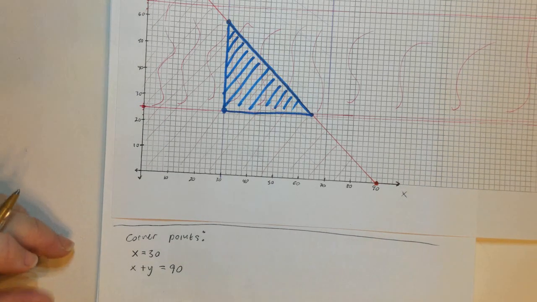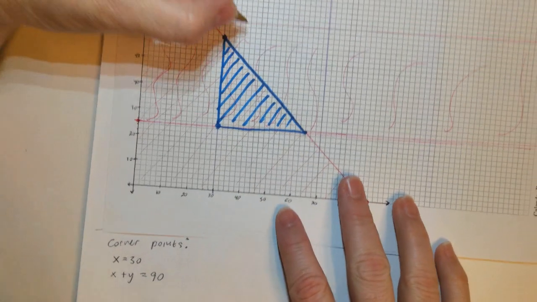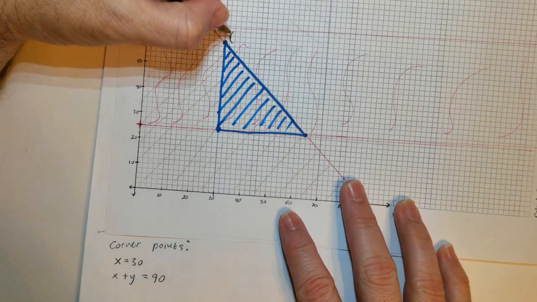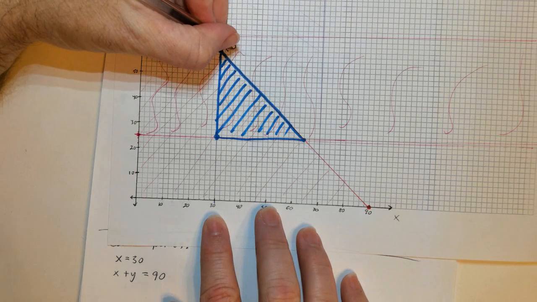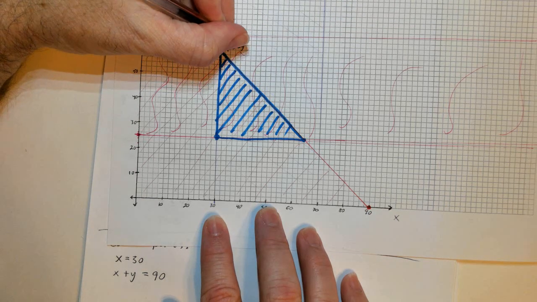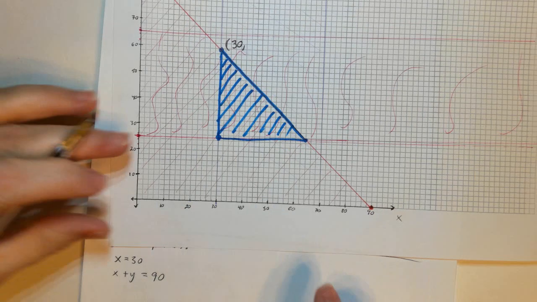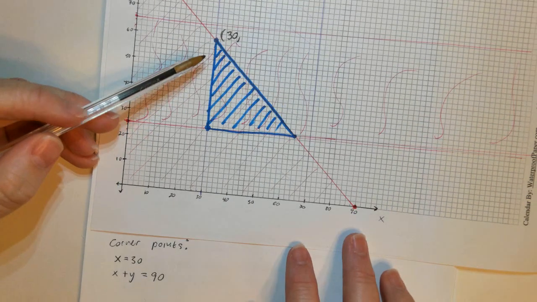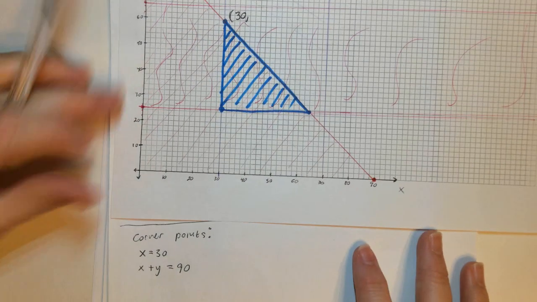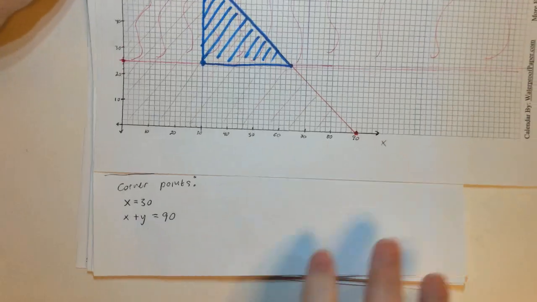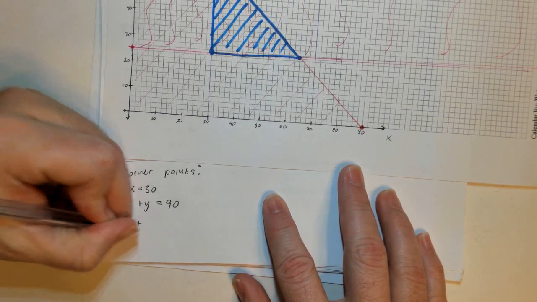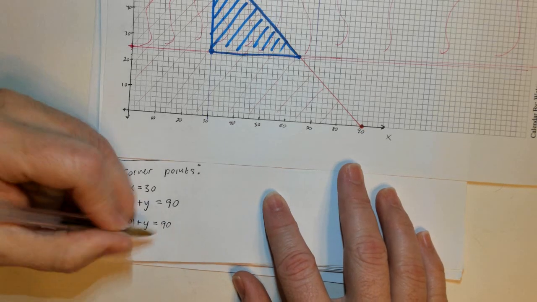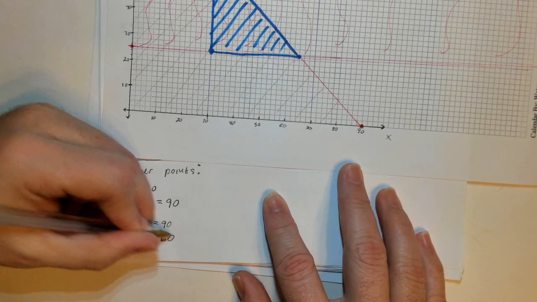I want to figure out what the ordered pair is right here. We know that the x value is 30. The y value, well, I can plug 30 into this. So 30 plus y is 90, so y is 60.